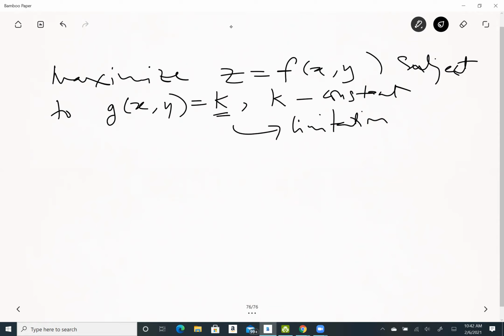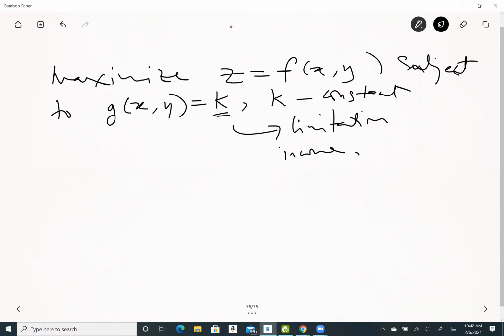For example, income. Your income per month is limited. If you have unlimited income, then like Bill Gates, or Jack Ma, the owner of Alibaba.